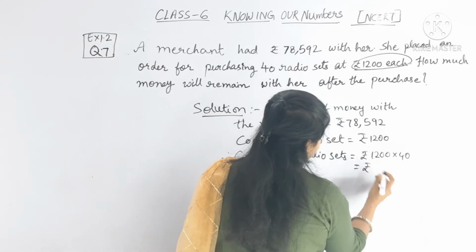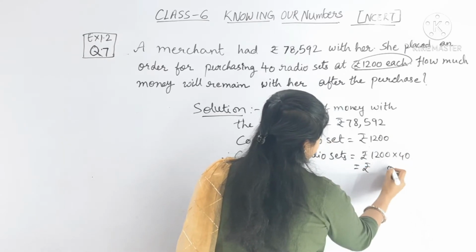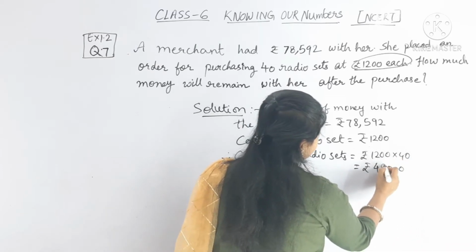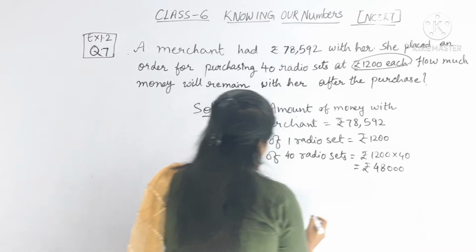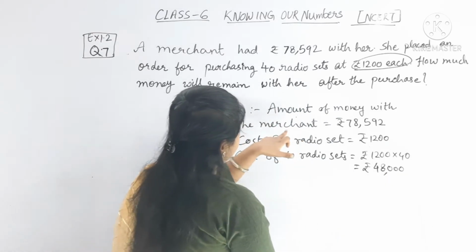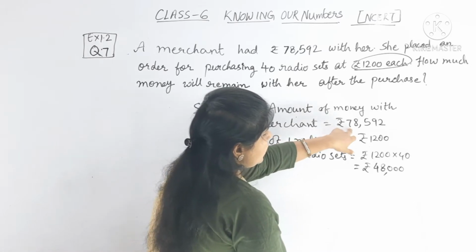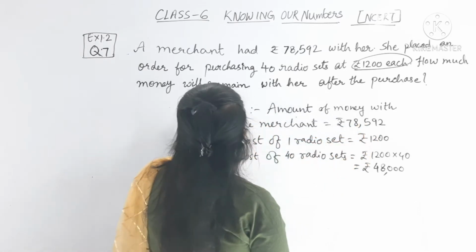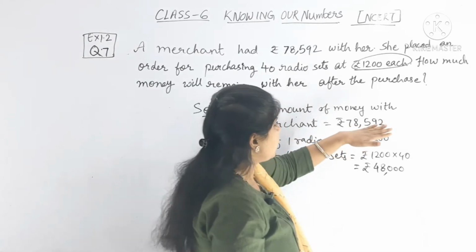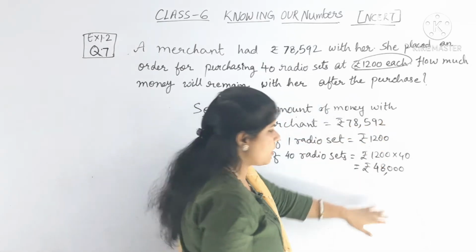So what am I getting? You have to write the zeros as it is, then 12 fours are 48, that is 48,000. Amount of money with the merchant is rupees 78,592. So for calculating the remaining money, we have to subtract this one and this one, right?